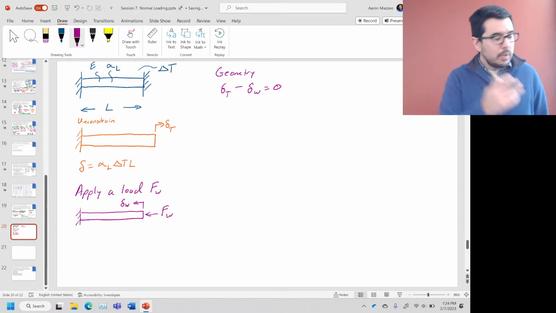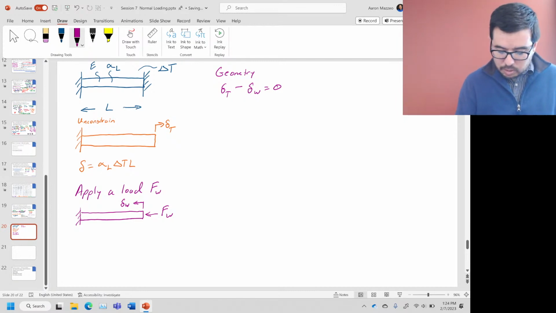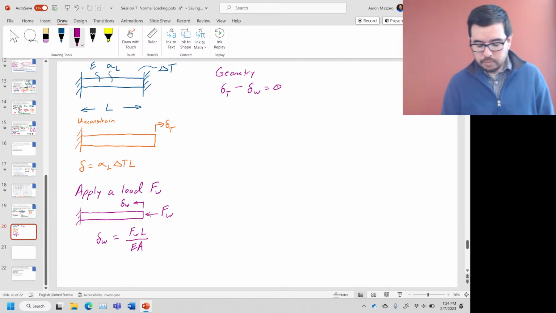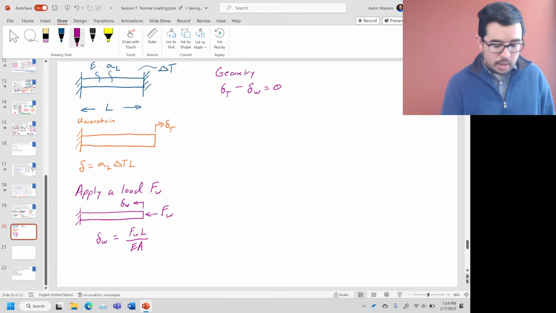Well, what's the relationship between delta W and force? Delta W is going to be FW L over EA. That's the flexibility equation.